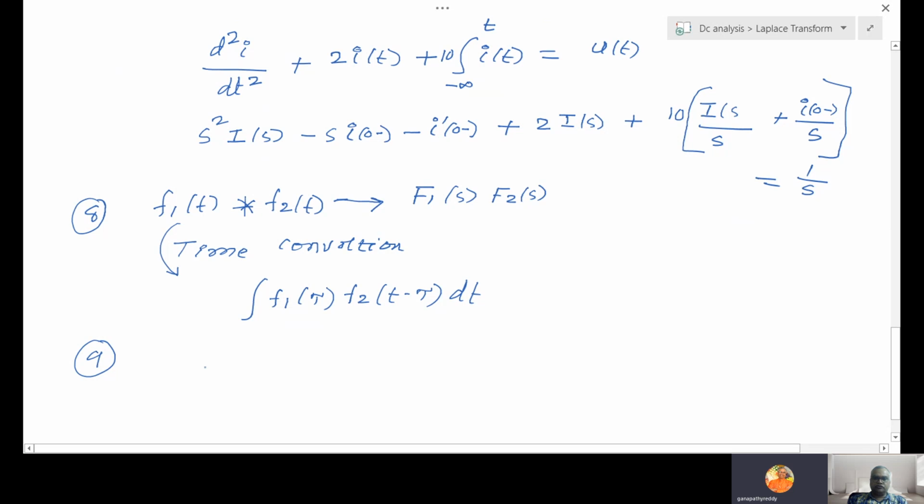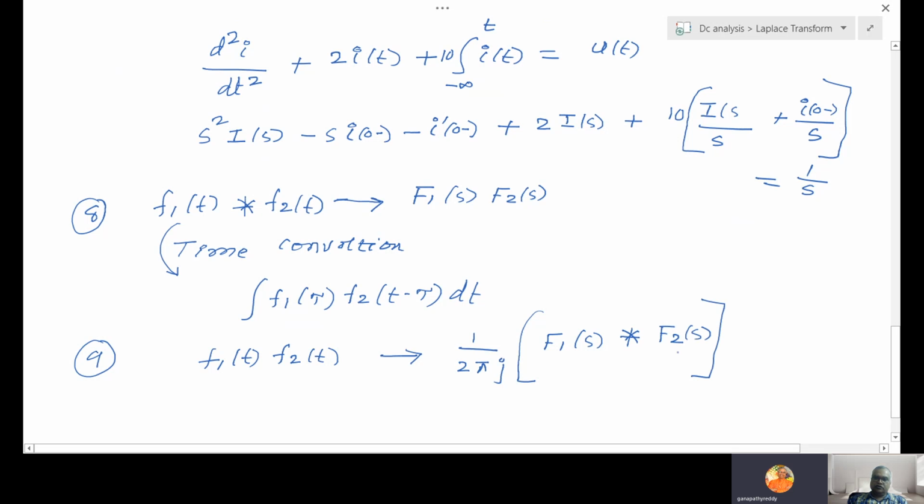Frequency convolution also there. F1 of t times F2 of t has transform 1 by 2 pi j, F1 of s star F2 of s.